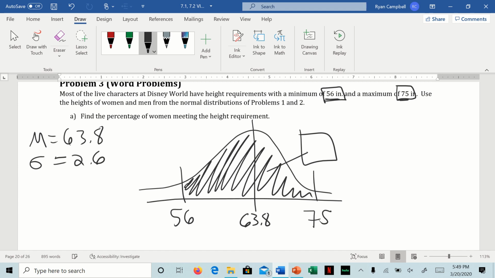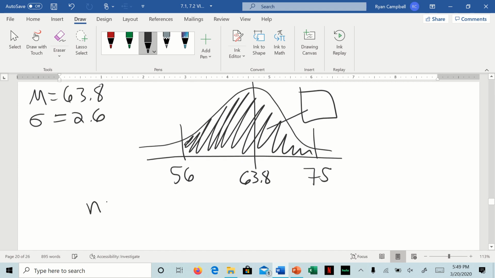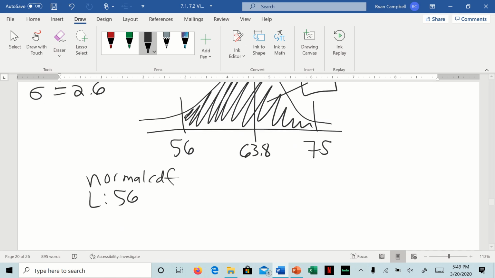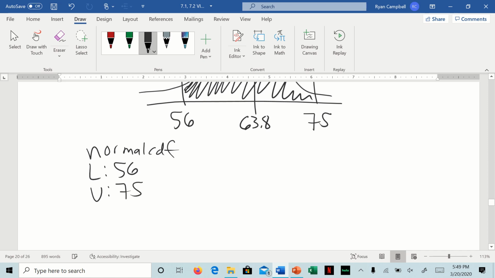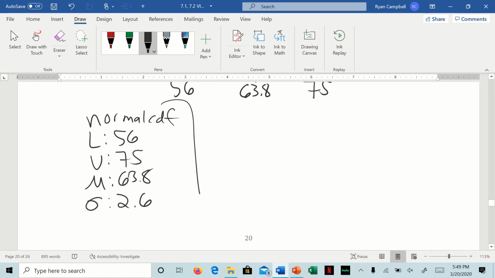So how do we figure that out? We just do our handy dandy normal CDF. The lower is 56. The upper is 75. Mean is 63.8. Standard deviation is 2.6. Let me type all that in. We end up with 0.9986.